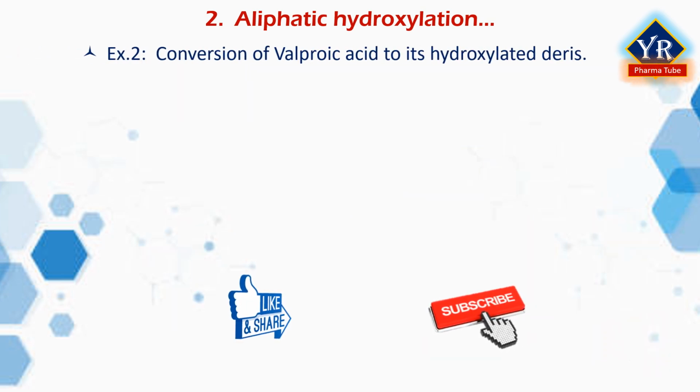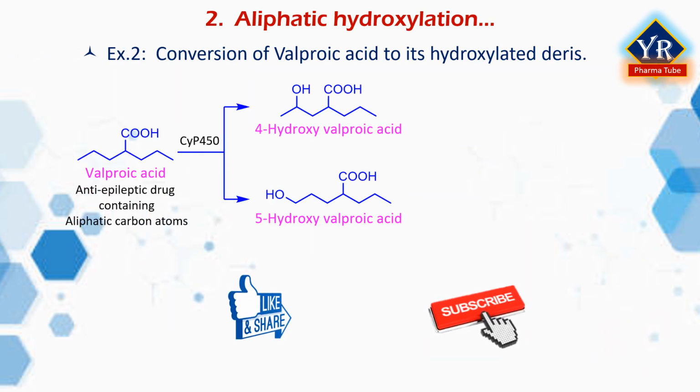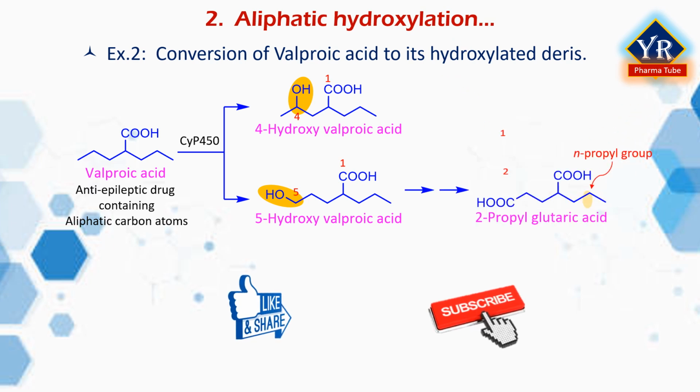In the second example, valproic acid, which is an anti-epileptic agent, undergoes both omega and omega-1 oxidation to the 5-hydroxy and 4-hydroxy metabolites respectively. Further oxidation of the 5-hydroxy metabolite yields 2-n-propyl glutaric acid.